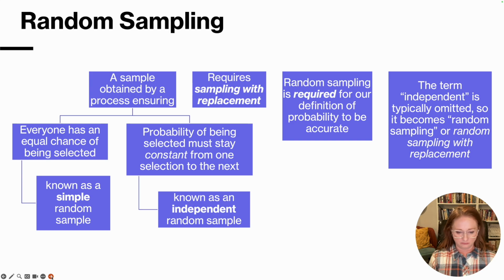Every person's name in that hat had an equal chance of being chosen, because I'm mushing my hand around in there and pulling a name out. Miguel's name gets pulled out, because everybody had a 1 in 30 chance.